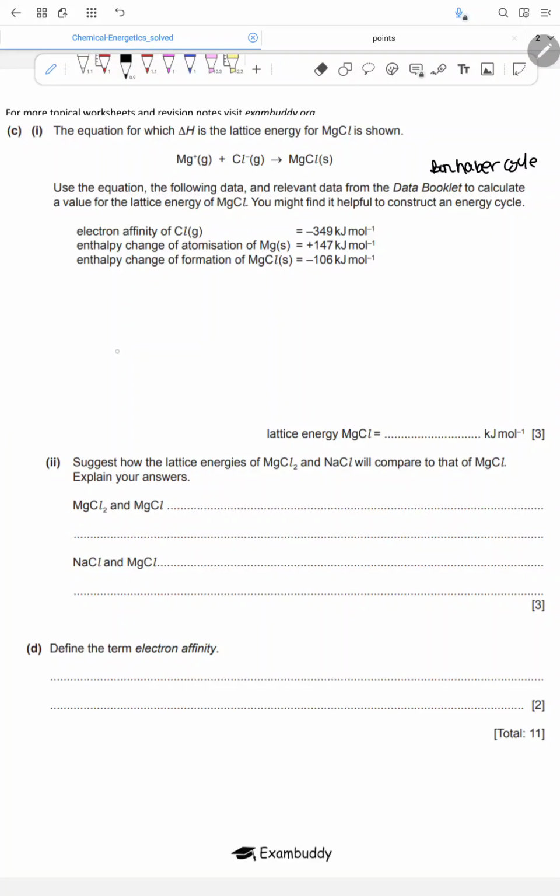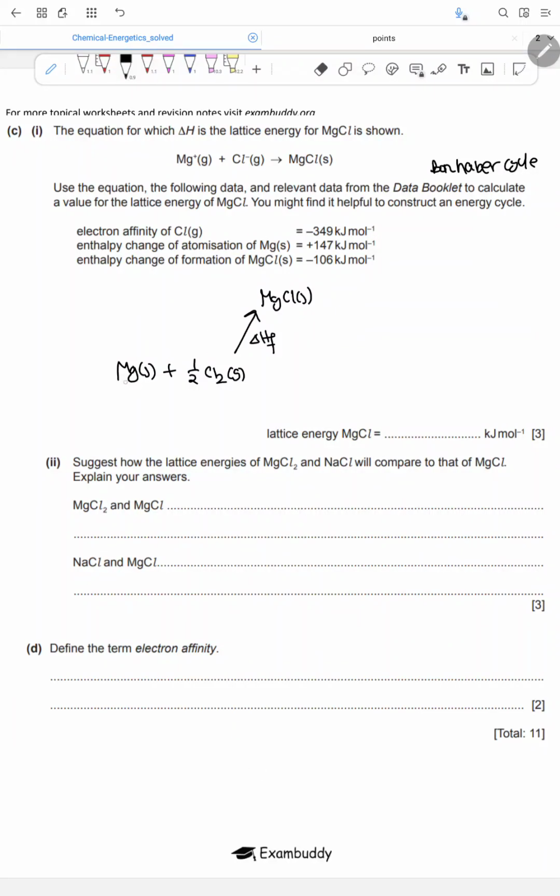So we'll start with elements first, because MgCl is a compound, so it must come from its elements in formation. So let's start with that. We'll write magnesium solid, then there's one chlorine, so we'll just give half Cl2 gas. It will form magnesium chloride solid, which is our formation.